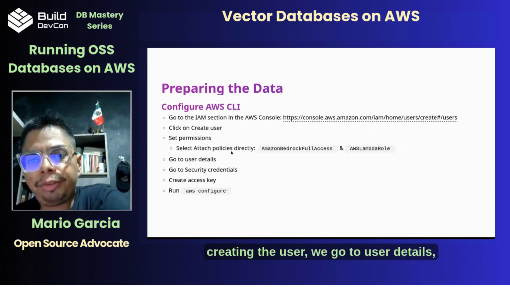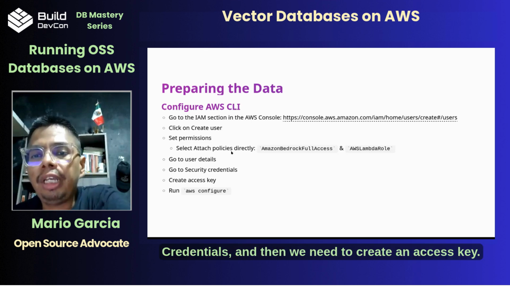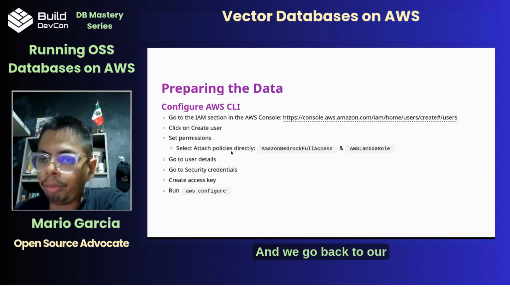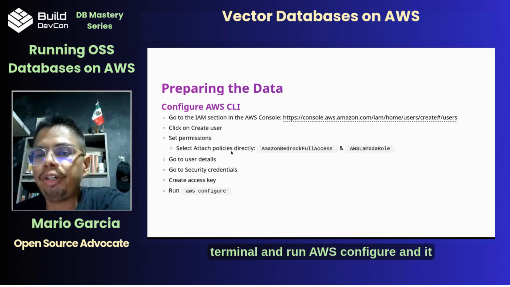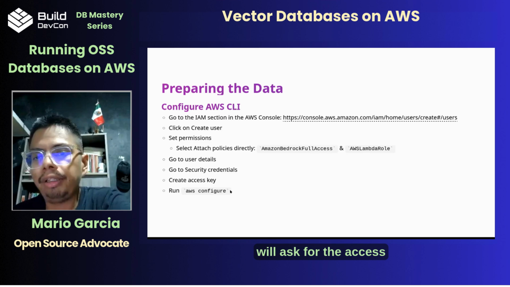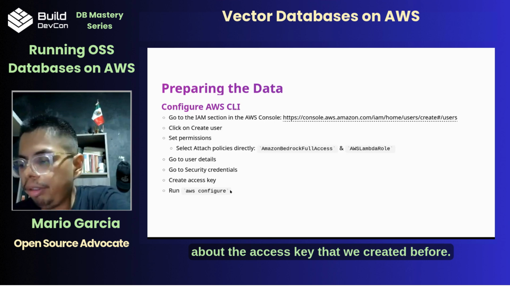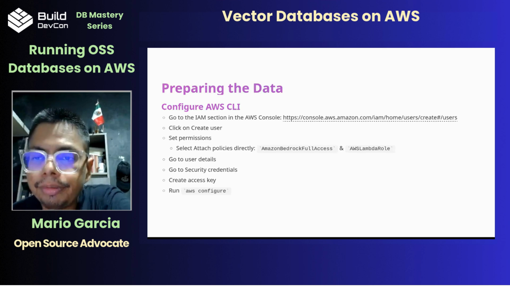After creating the user, we go to user details, then go to security credentials, and then we need to create an access key, and we go back to our terminal and run AWS configure, and it will ask for the information about the access key that we created before.